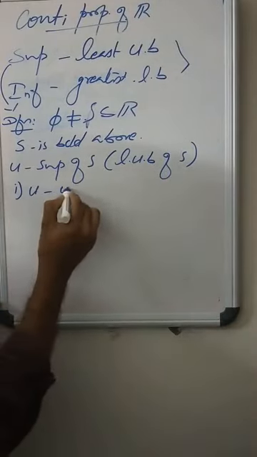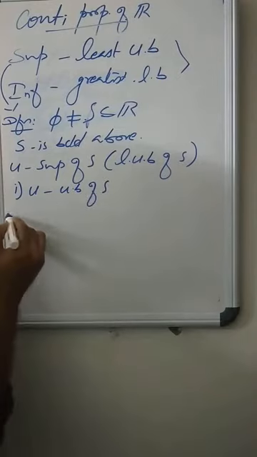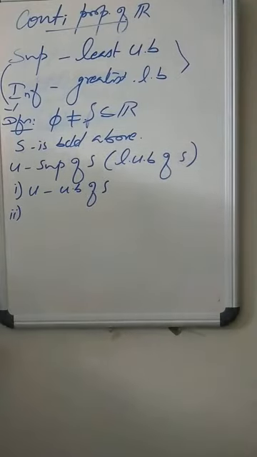First, u is an upper bound of S. Second, there is no number less than u that is an upper bound.